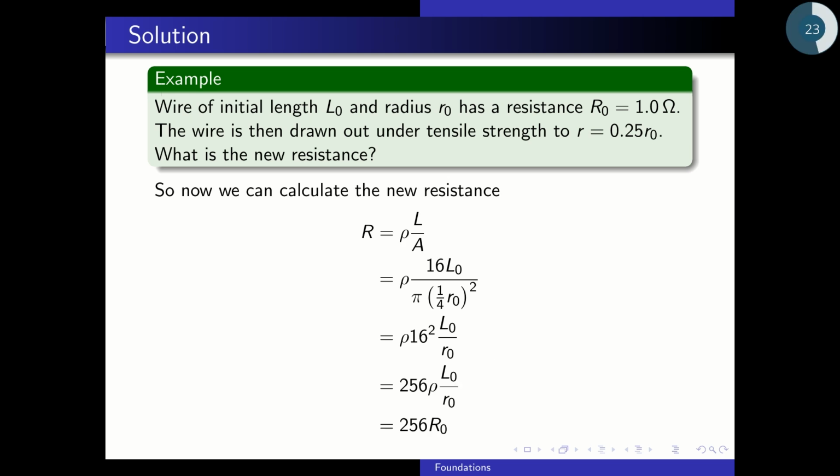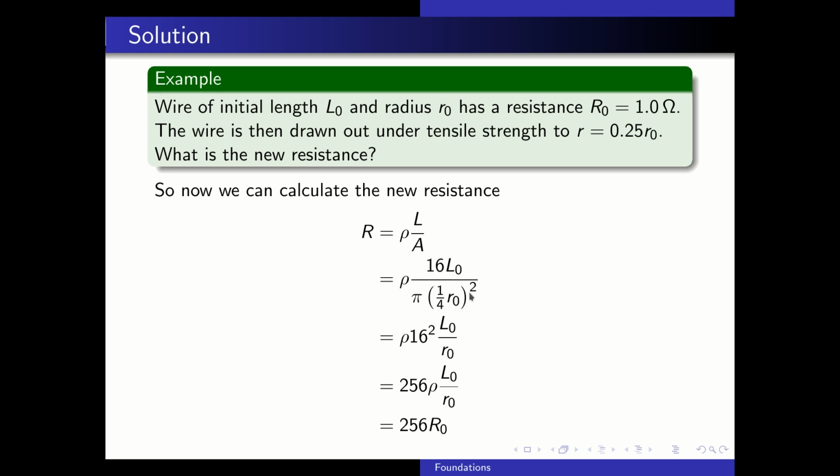Okay, so let's calculate the new resistance. I know that the new resistance has to look like rho times L over A. So my length is 16 L naught. My cross-sectional area is pi times 1/4 R naught squared. So I end up with an L naught over R naught squared.